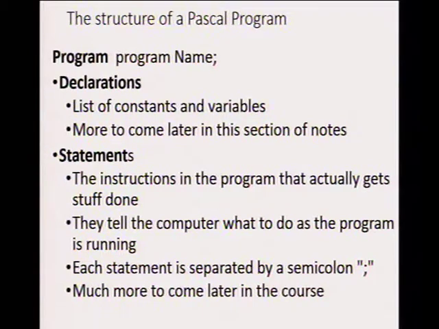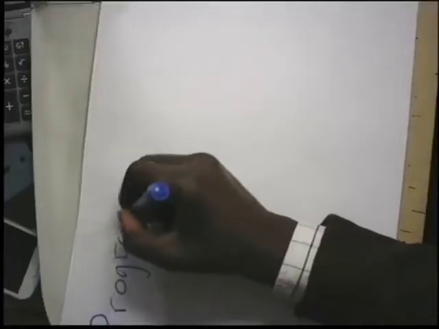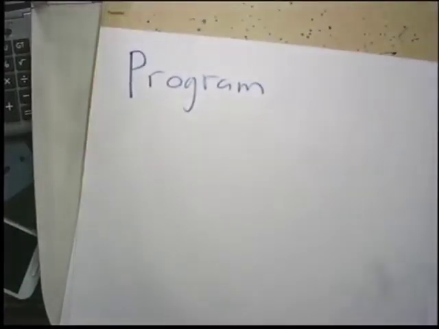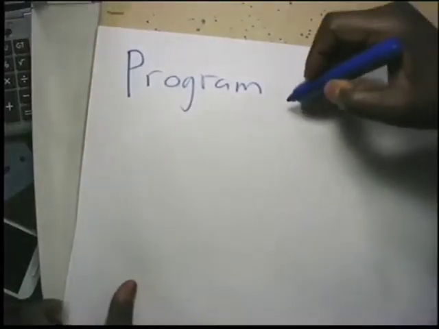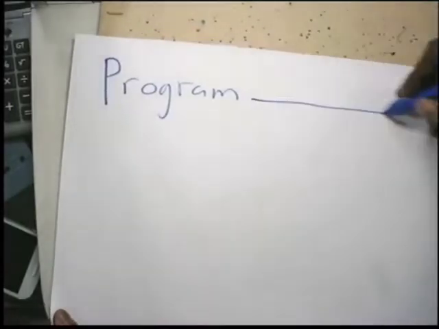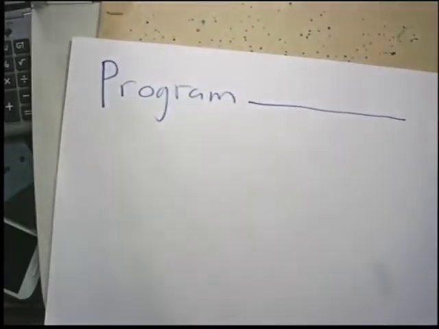If you're going to write a Pascal program, let me illustrate on the screen by writing it. The first thing you are going to write is program. Now, what do you put in front of program? The program name. What do I mean by program name? The title.